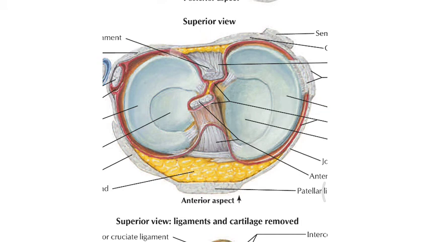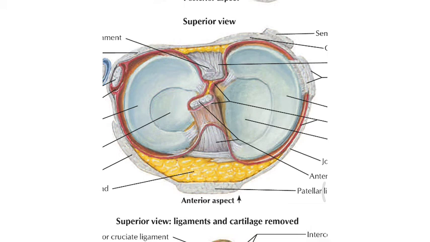From the posterior part, the synovial membrane projects forwards in the intercondylar region as a cul-de-sac to envelop the sides of both the cruciate ligaments. This is the posterior cruciate ligament. This is the anterior cruciate ligament. You can very well appreciate the synovial lining and how they are arranged.